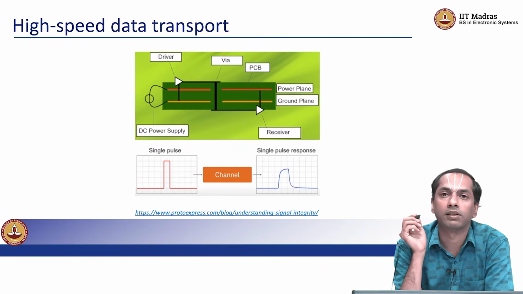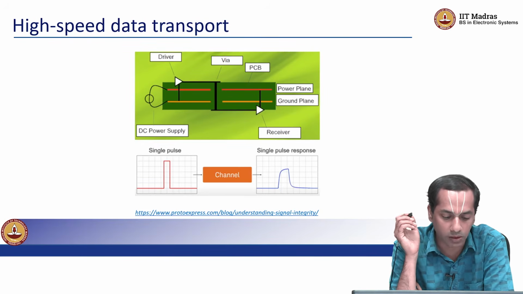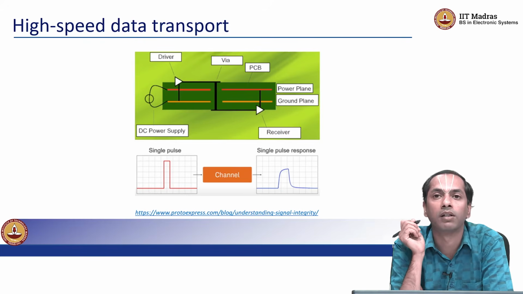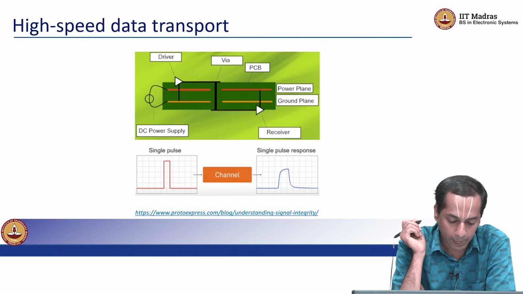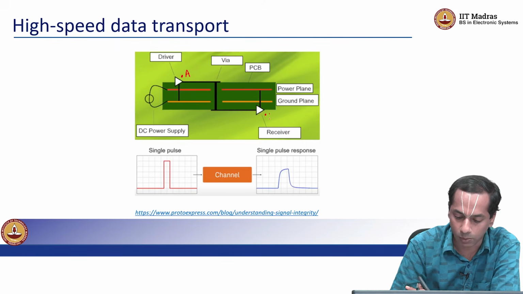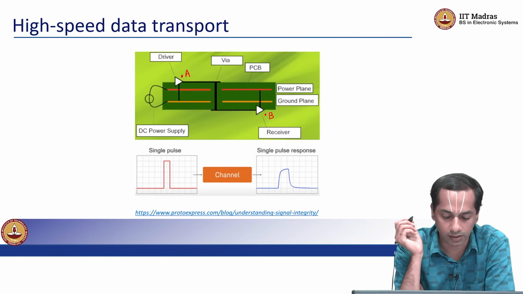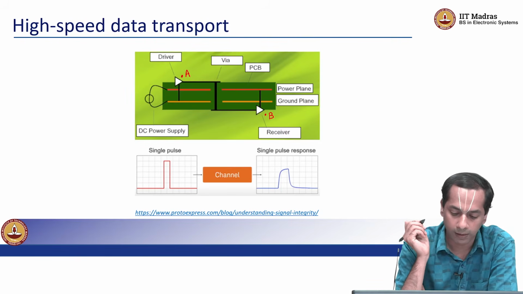So, here is another observation, right. As an electrical engineer, I am going to give you an example again in the land of high speed digital data communication. I am essentially trying to communicate something from this point A to this point B, and this is a picture, a cross section of a printed circuit board, okay.